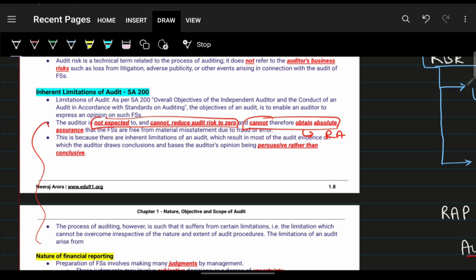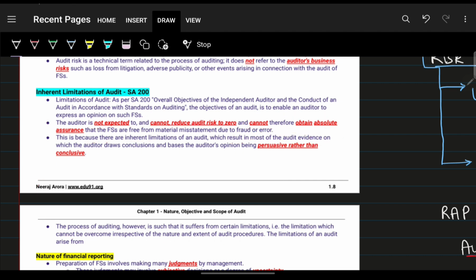And the next point is this is because of inherent limitations of an audit, which result from audit evidence being persuasive rather than conclusive. Next, the process of auditing suffers from certain limitations, and these limitations cannot be overcome irrespective of the nature, extent, and timing of the audit procedures.